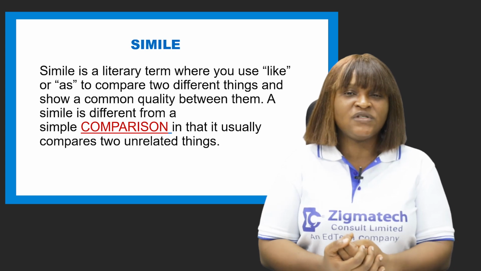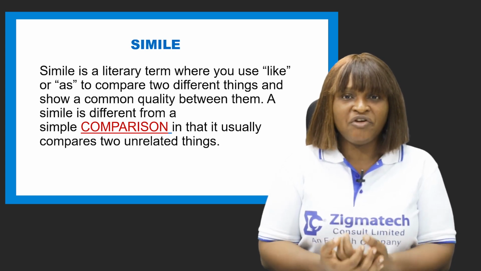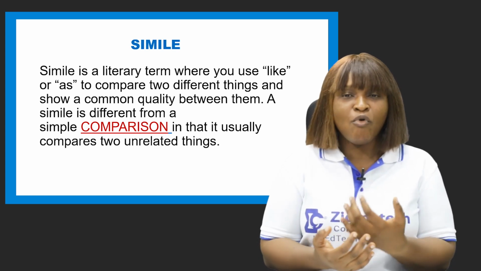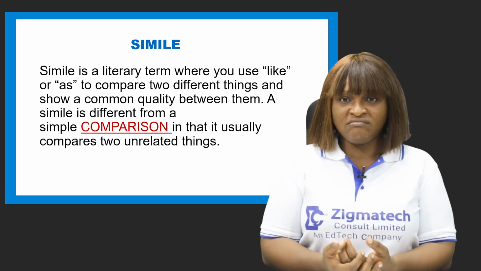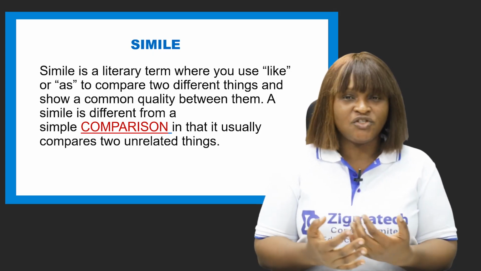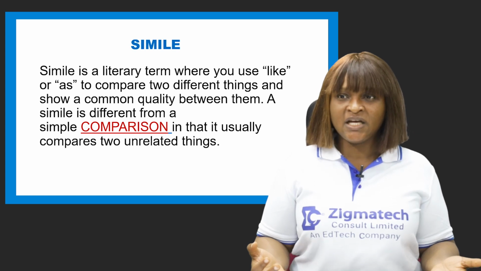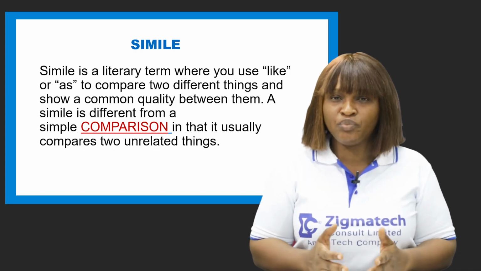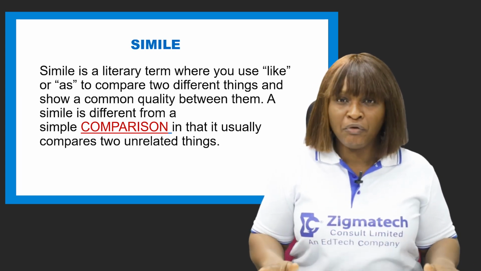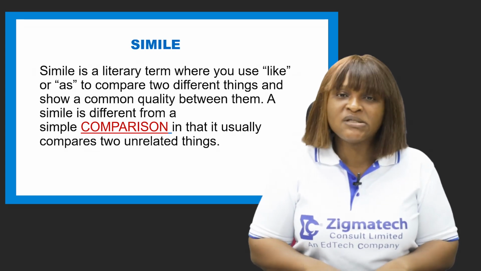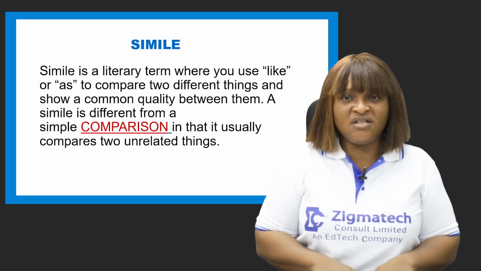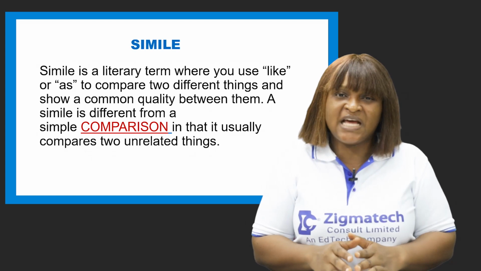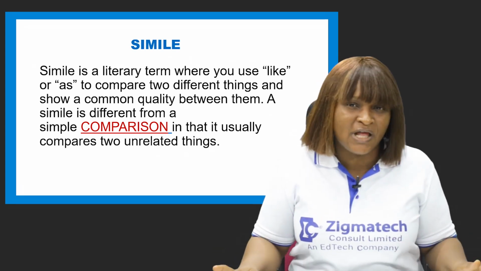It is okay when you say that Jerry is more handsome than Zigmatech. Jerry is more handsome than Zigmatech. Now, I have actually compared 2 people. That's the normal way of comparing people. But when we talk about simile in comparison, we are comparing 2 things that are not the same in physical appearance.